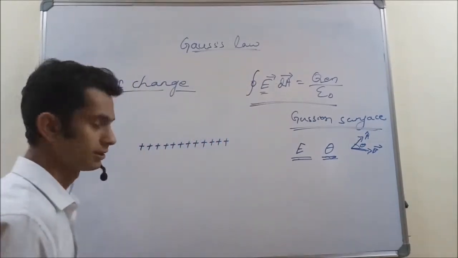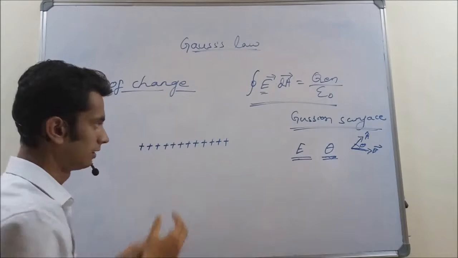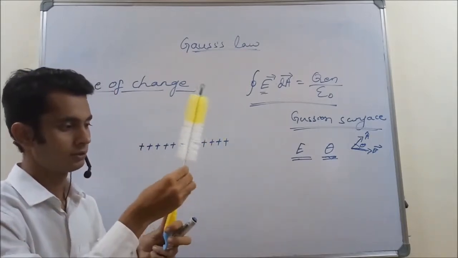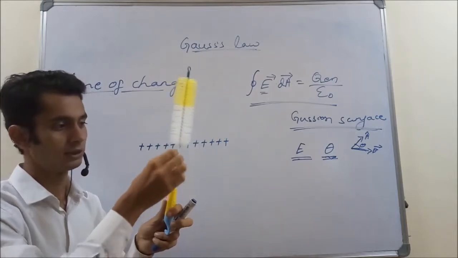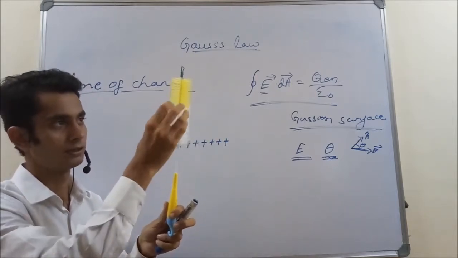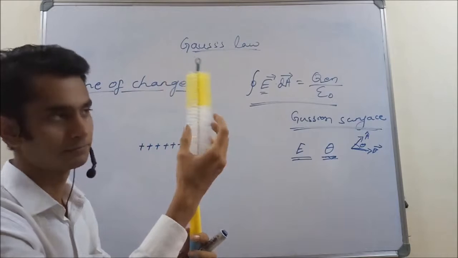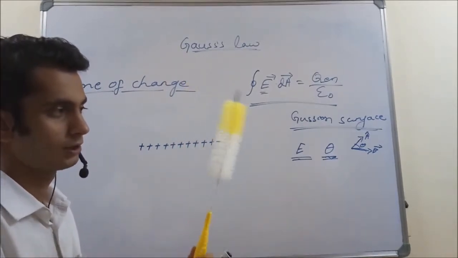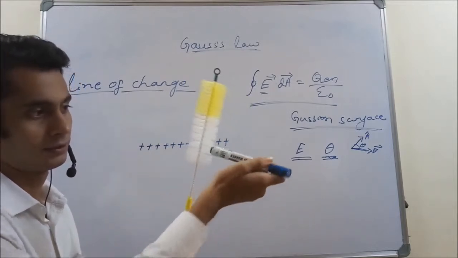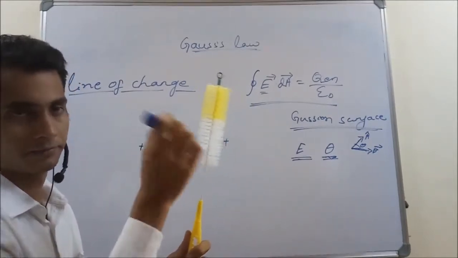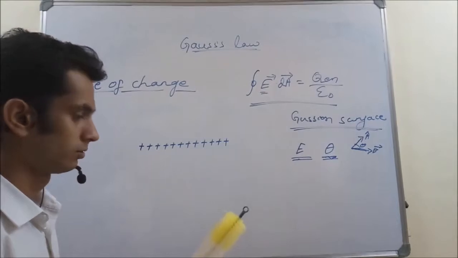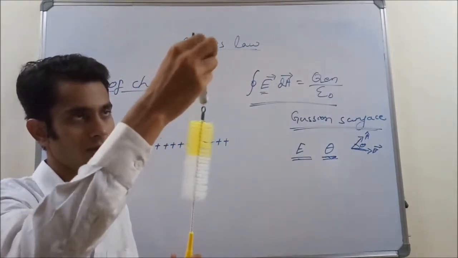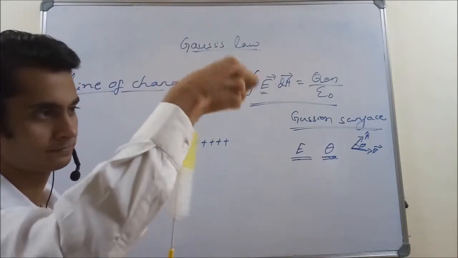So for line of charge, what will the direction of the lines of force be? If we place an uncountable number of charges in this wire, then the lines of force will come out like this. It will come out radially everywhere. Because there are an uncountable number of charges, the lines of force will not come out like this.